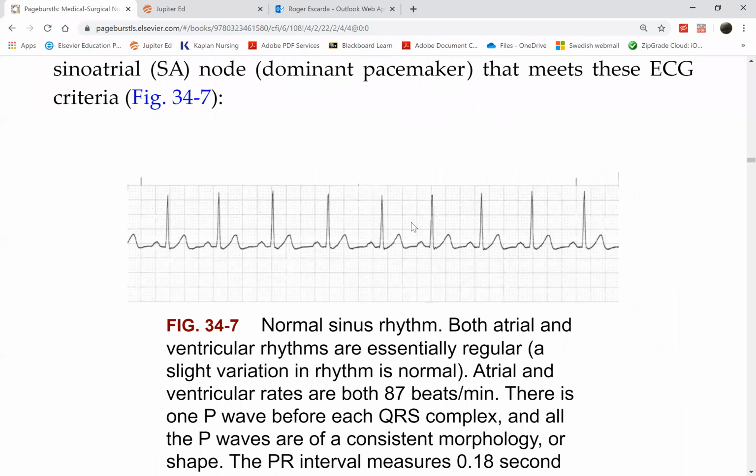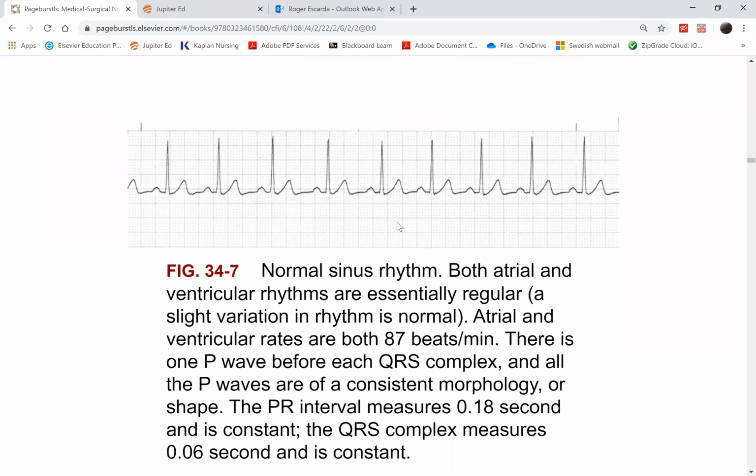Okay, we said the PR interval measures beginning from the P wave. So let's do this one right here. This is the 1, 2, 3, the 4th R wave, the P wave of the 4th R wave. This P wave starts from this small block right here and ends at this small block right here.